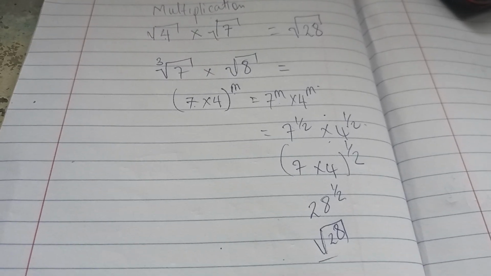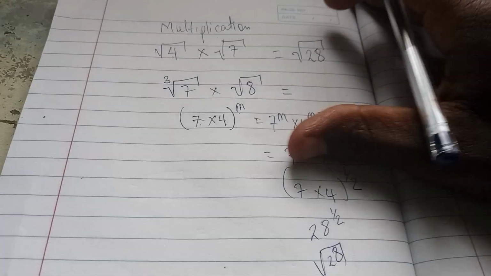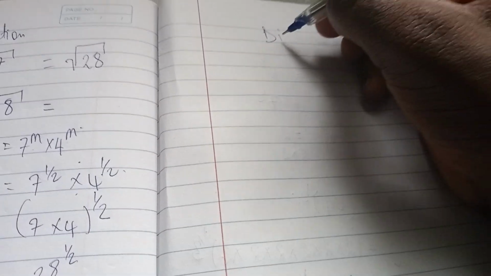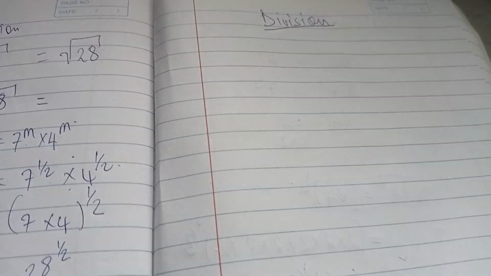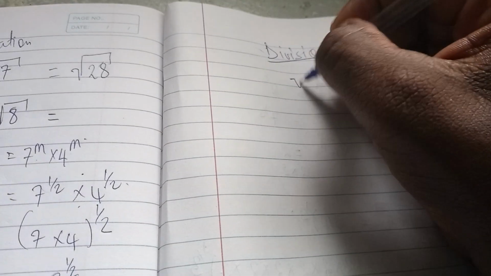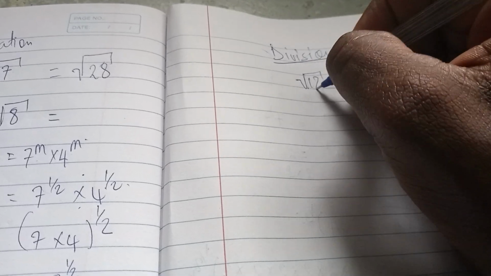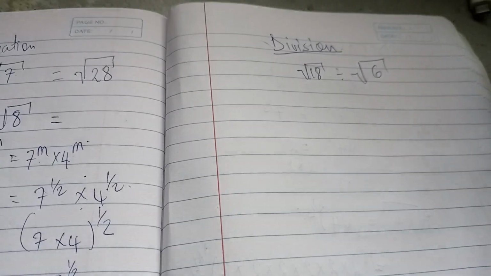Okay, now let's go to division. It's going to be just the same trick there. So division and multiplication mostly have the same behaviors. In division, we divide the numbers inside the roots. For instance, we have root 18 divided by root 6, you see.